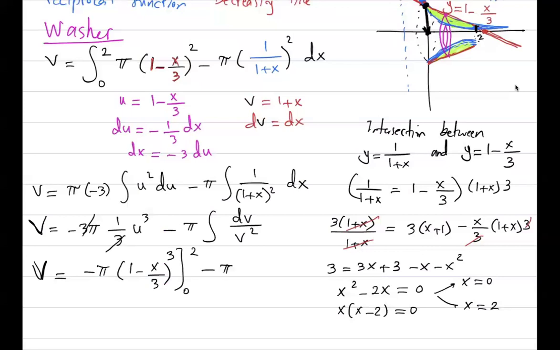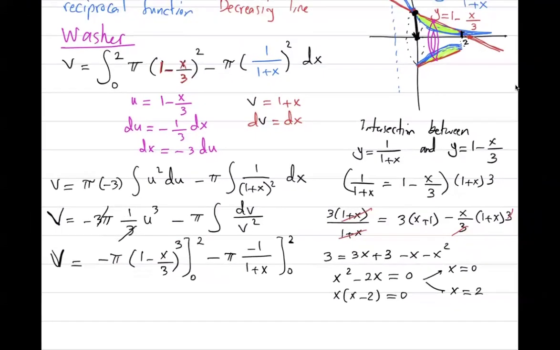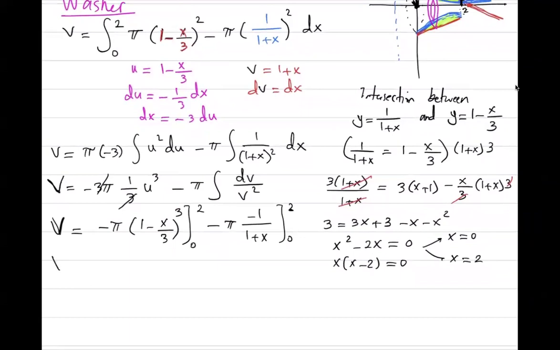And now this integral, the integral of dv divided by v squared, is negative 1 divided by v, so you get negative 1 divided by, what is v? v is 1 plus x, and x ranges between 0 to 2. Perfect.